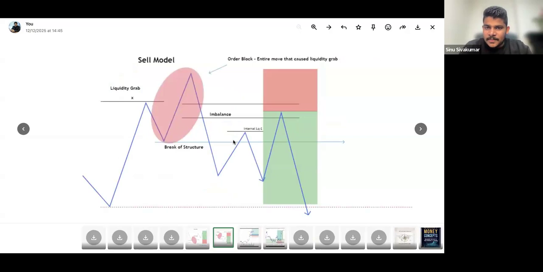It has its own uniqueness, but also its own weaknesses, because we'll be trading counter trends or structural shifts rather than following trend continuation patterns. So this is a counter trend model, and you can also use it in textbook scenarios.